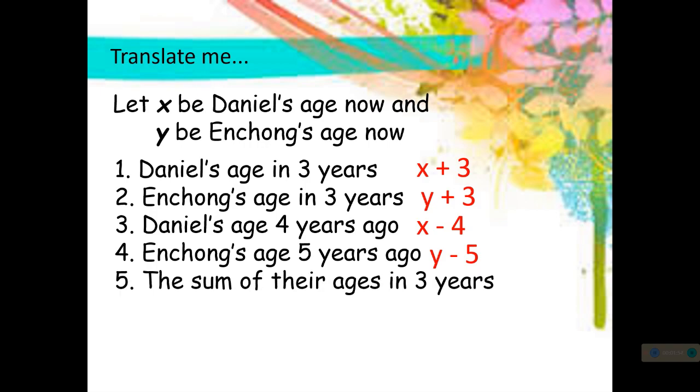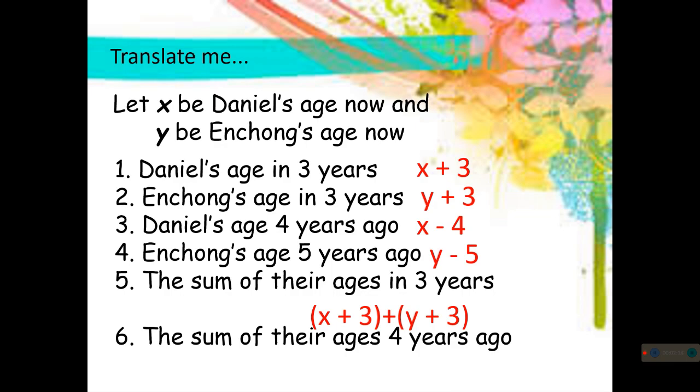How about this one? The sum of their ages in 3 years. Correct. We have X plus 3 for Daniel's age in 3 years plus Y plus 3 in Enchong's age in 3 years. Because we have here the word "their," which means we are talking about Daniel and Enchong.